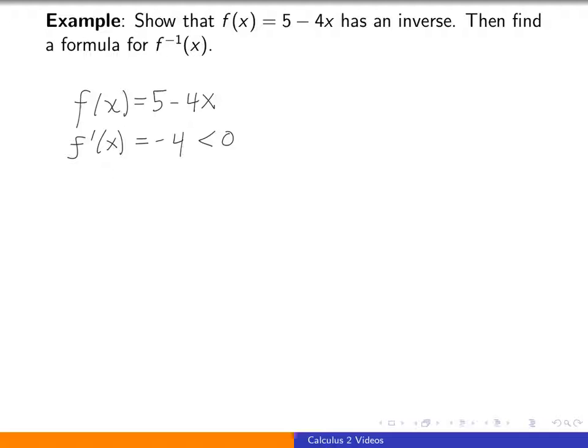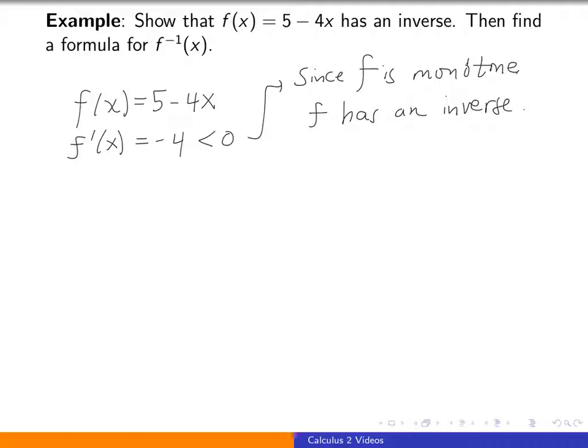This is less than 0. So our conclusion is that since f is monotone, and in this case that monotone is really a decreasing function, what we know is that f has an inverse.